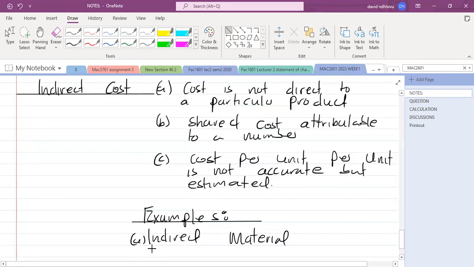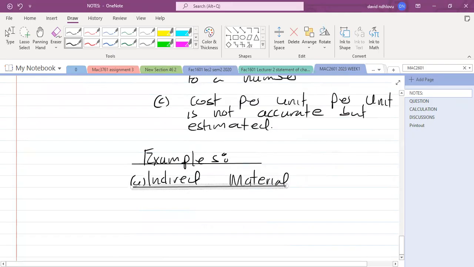This is because when you are in production, you don't guess material. There is a design which tells you which material to buy, which type and which quantity. So when you buy material, material by default is a direct cost.